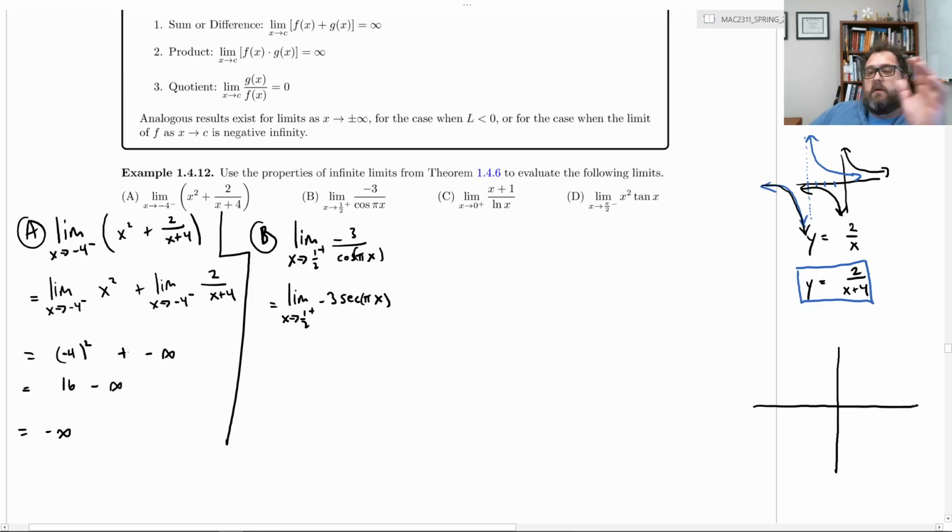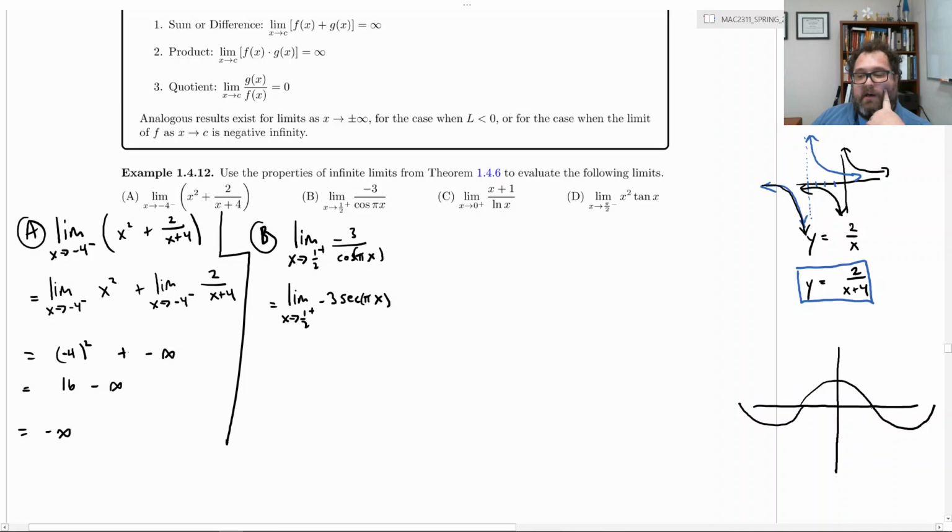Now, typically, you think about cosine, and cosine looks like this. Oh, sorry, not like that. It looks something like that, roughly speaking. But here's the thing.